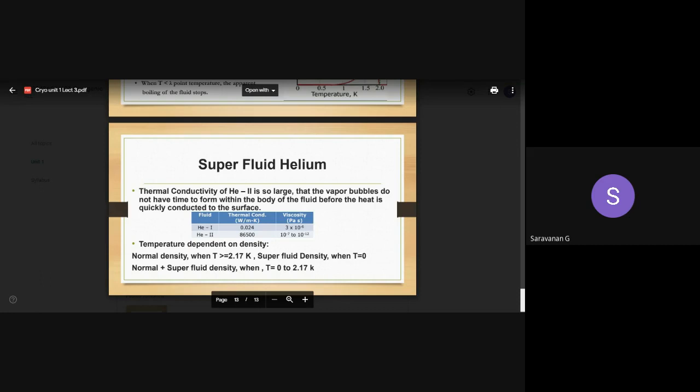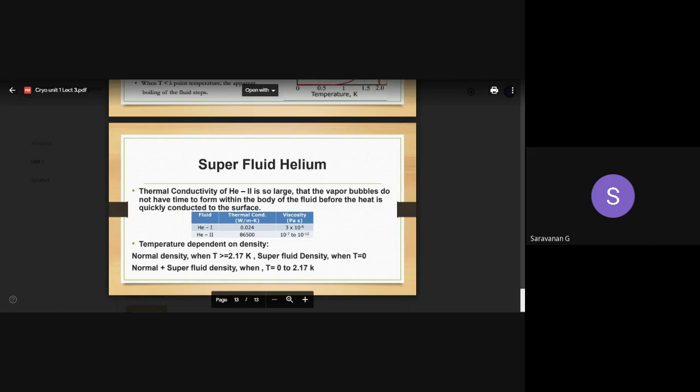The normal density of the fluid is present when the temperature is greater than or equal to 2.17 Kelvin, where the superfluid density is equal to 0. That's why I mentioned that below 2.17 Kelvin it is superfluid helium, a liquid fluid, whereas at or above 2.17 Kelvin it is the normal fluid.